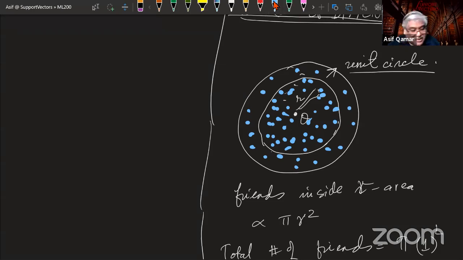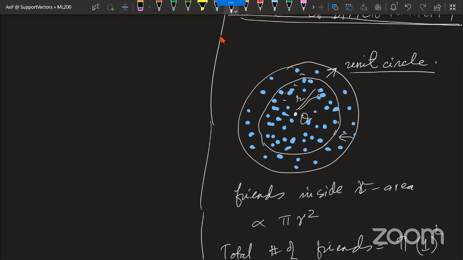Half your friends seem to be living along the edge. They are rather close to the boundary. Half of your friends are very close to the outer perimeter. And that's a very interesting observation.